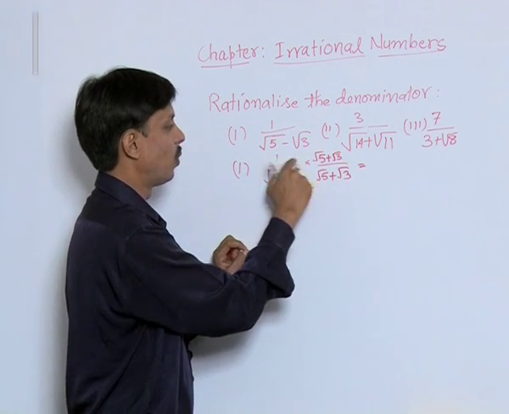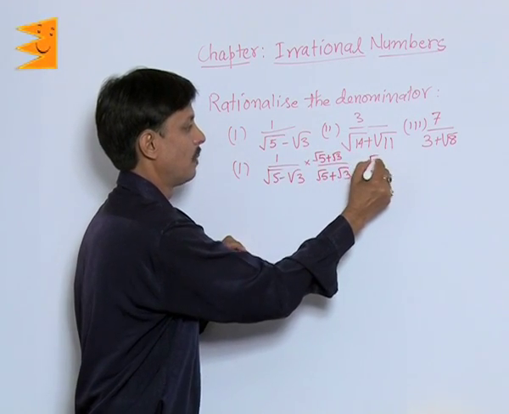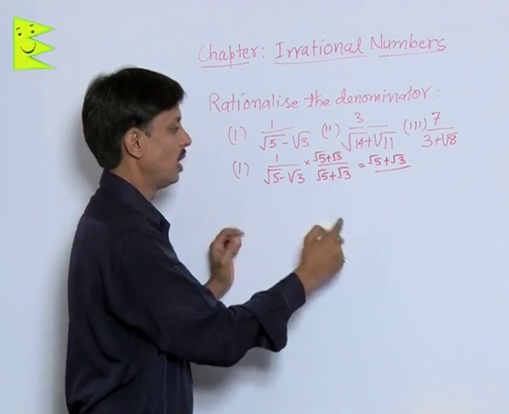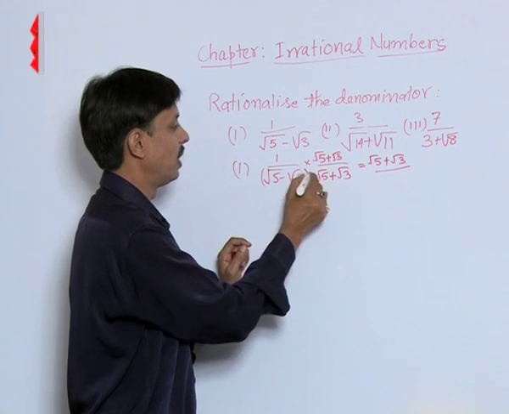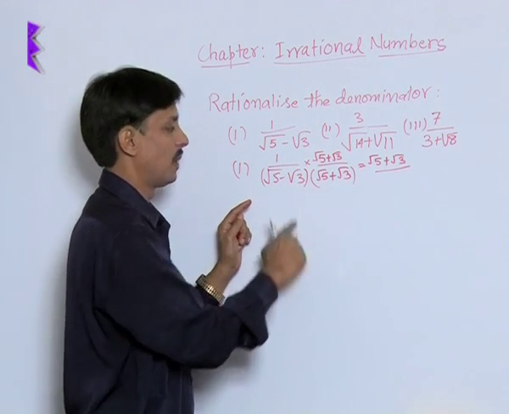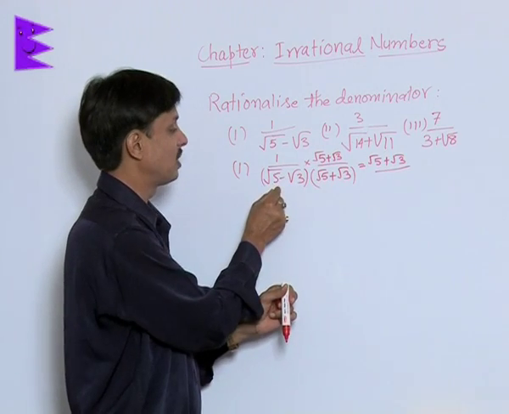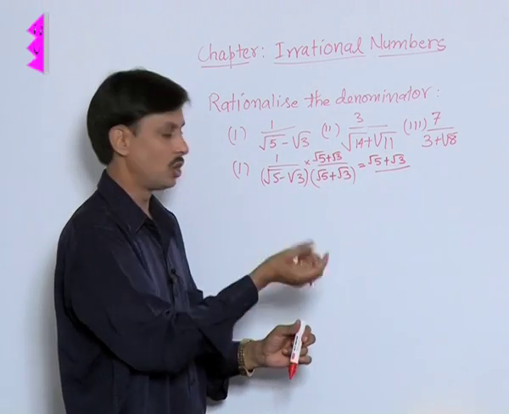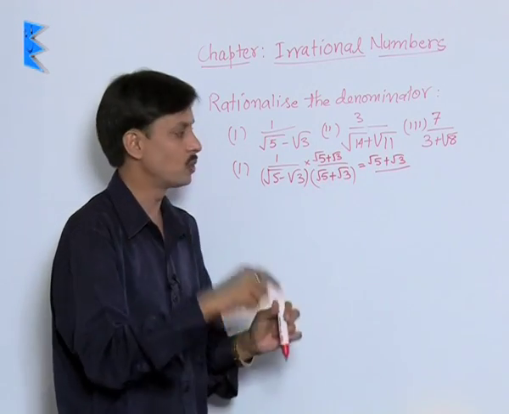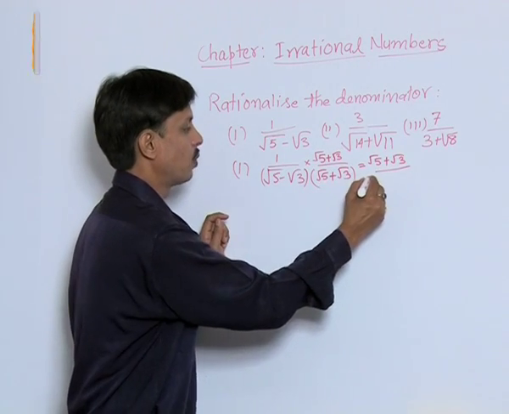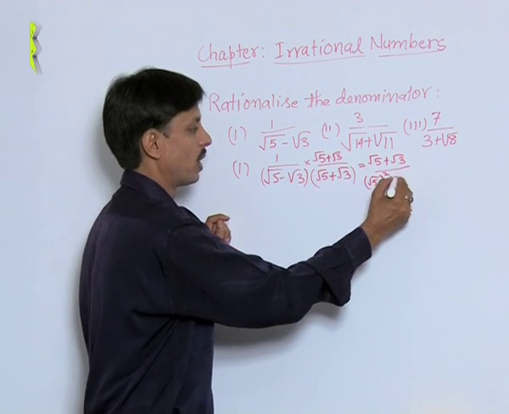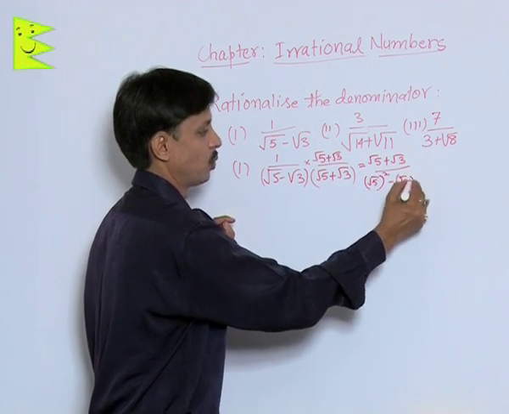Now the numerator: 1 into root 5 becomes root 5, plus 1 into root 3 becomes root 3, upon, in the case of the denominator, you can observe it is a minus b, a plus b. I am taking root 5 as a, root 3 as b. So this becomes a minus b into a plus b, the algebraic identity a square minus b square. A square means root 5 whole square minus b square means root 3 whole square.